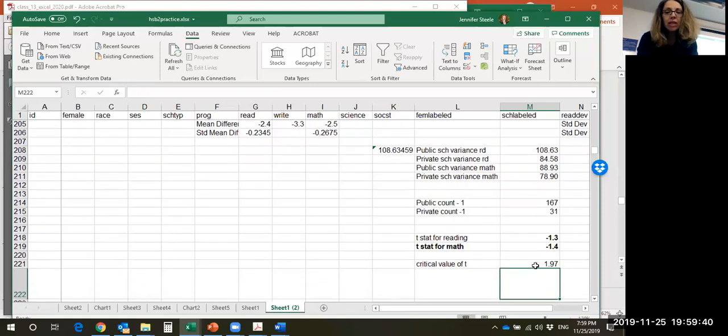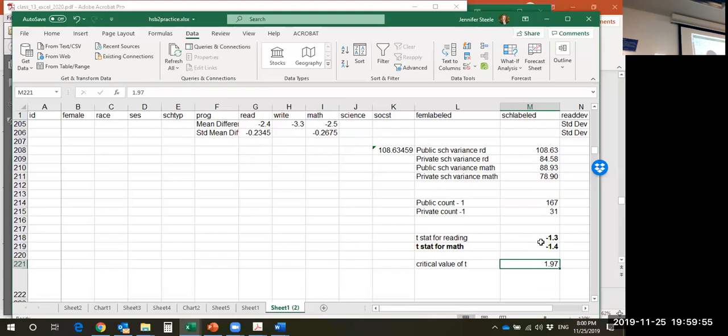And so that means because my t's are less in absolute value, we're not worried about the plus or minus. We're just saying 1.3 compared to 1.97, it's smaller. 1.4 compared to 1.97, it's smaller.